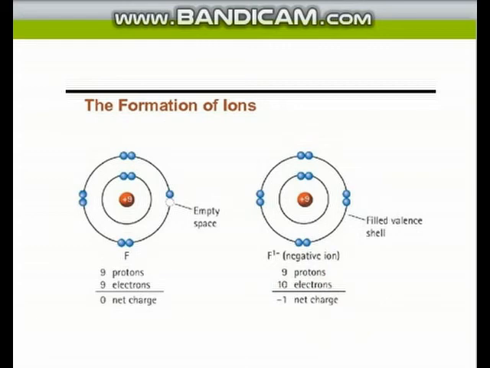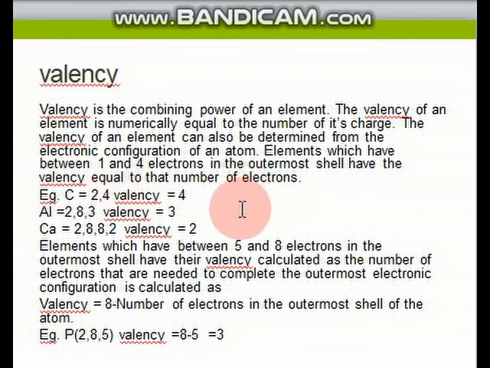Now the last but not the least major heading is valency. Valency is said to be the combining power of an element. The valency of an element is numerically equal to the number of its charge. The valency of an element can also be determined from the electronic configuration of an atom.